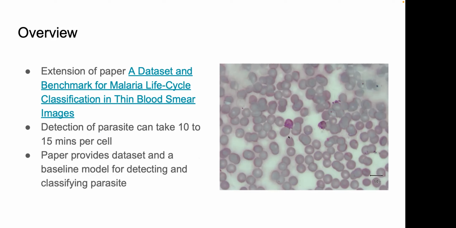So the idea is to create a model that can analyze one of these images and find all of the cells that are infected. The paper not only provides a baseline model for detecting and classifying the parasites, but also a data set that was manipulated from microscope images to be more readable. So that's just a basic overview of the original paper.